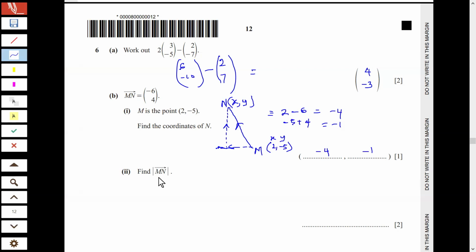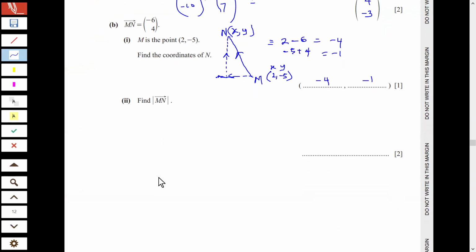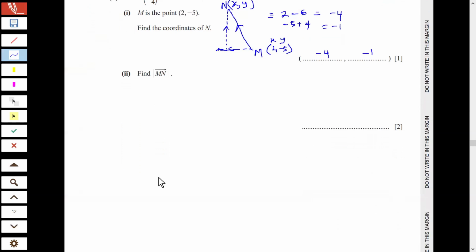Now, the next question says, find the magnitude of the vector MN. Okay. So, of course, we know the vector MN has a column vector of -6 and 4. So the magnitude of the vector will be given by the square root of -6 squared plus 4 squared.